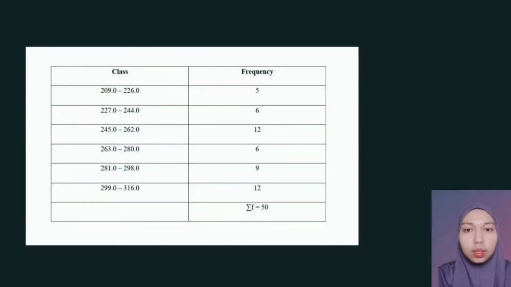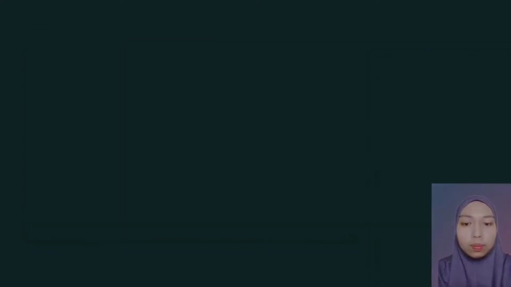Step 3. Set the individual class limits. The upper limits of the other classes are 209.0 plus 18 equals 245, and then 245.0 plus 18 equals 263.0, and so on.